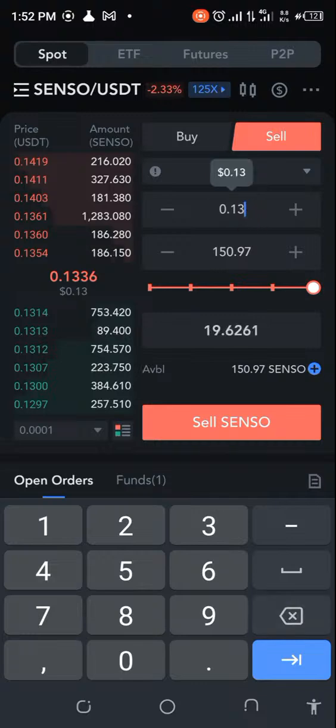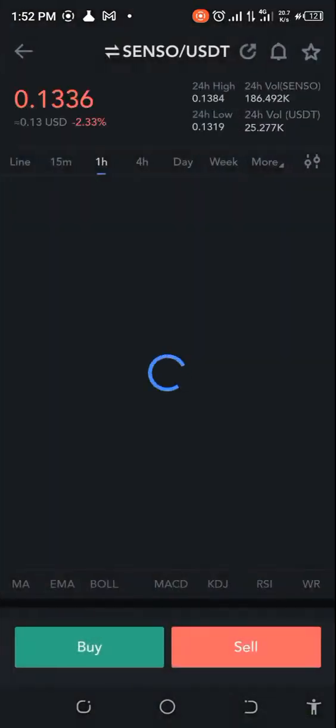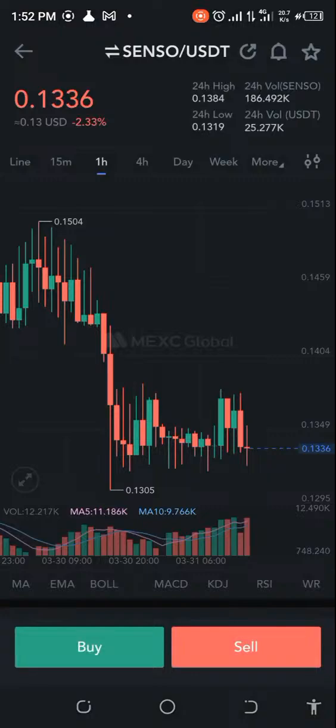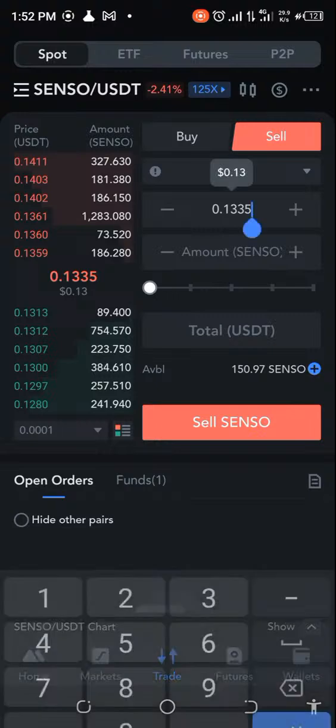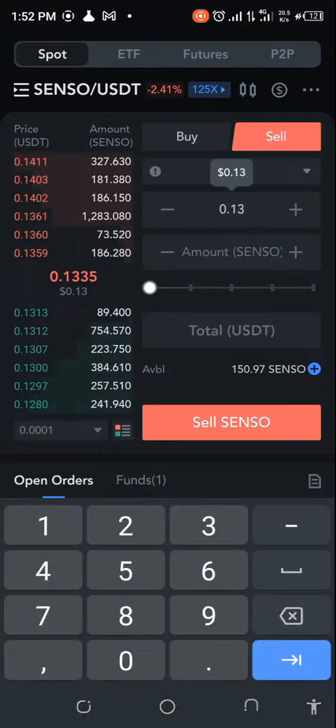Let me take this to 1390. Well, looks good, but would it get to 1390? Let's check it out. Its highest within the 24 hours is 1384, and the lowest is 1380.